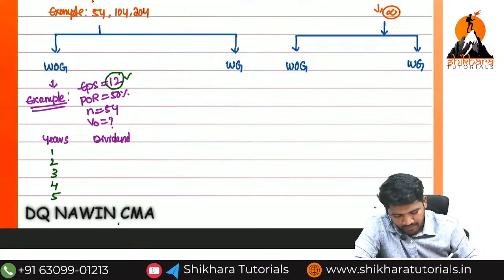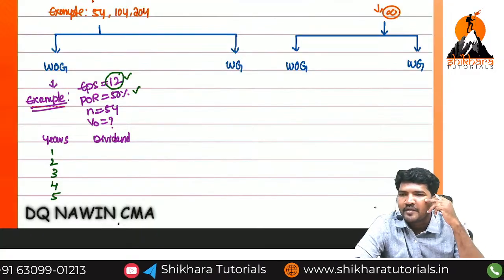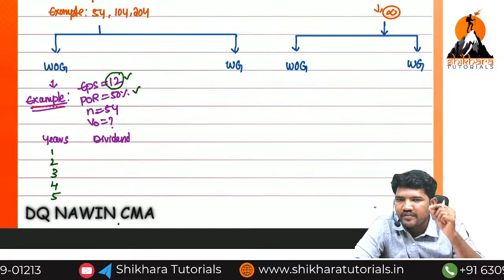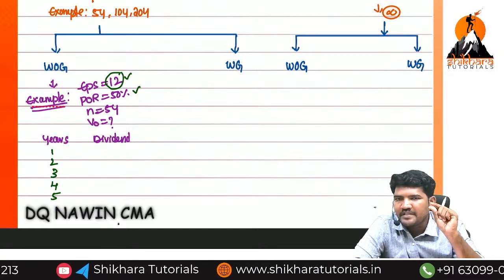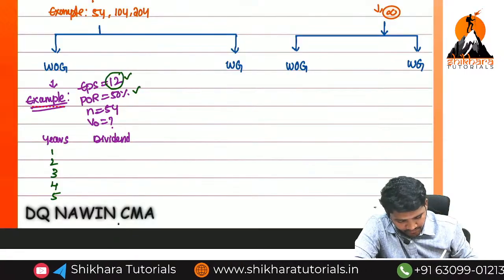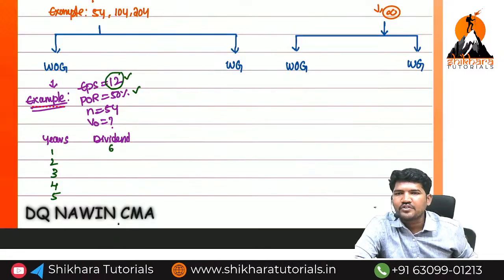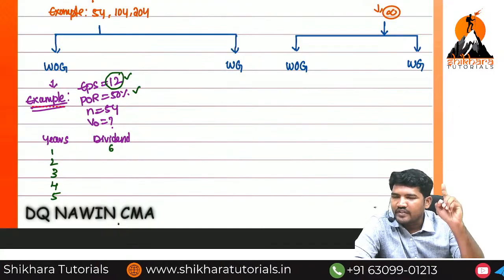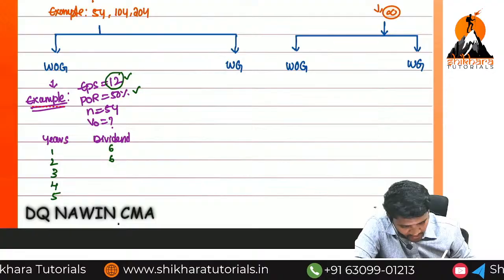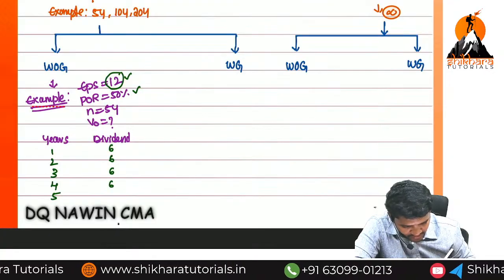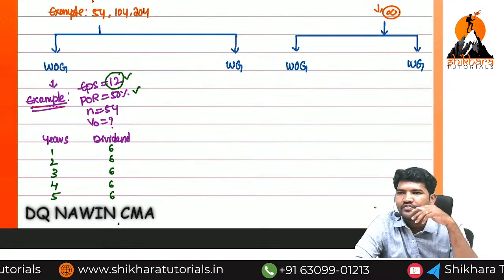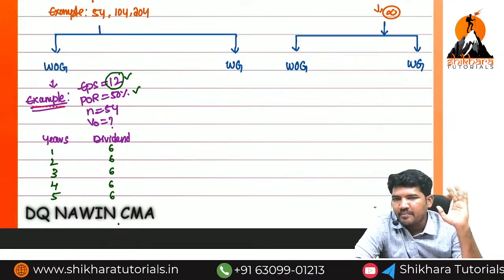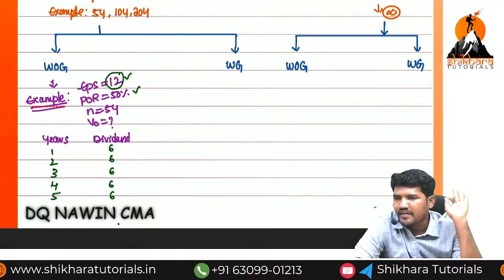No sir, here the payout ratio is given. It means if the company earns 12 rupees per share, they can't share the entire 12 rupees; they will share only 50%, which means 6 rupees dividend. First year 6 rupees. What about the second year? Without growth, exactly, 6 rupees. Third year 6 rupees, fourth year 6, fifth year also 6. Here they have not given any indefinite period information; they provided information only for n number of years.